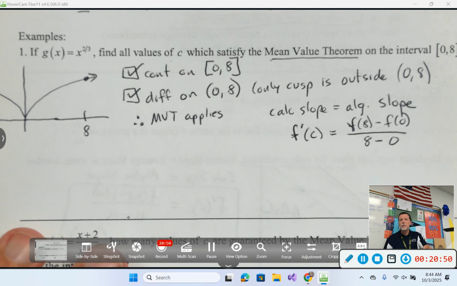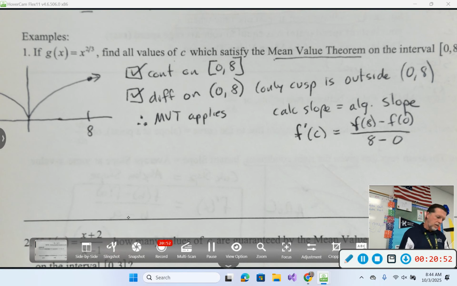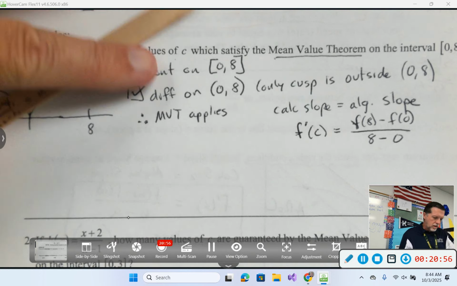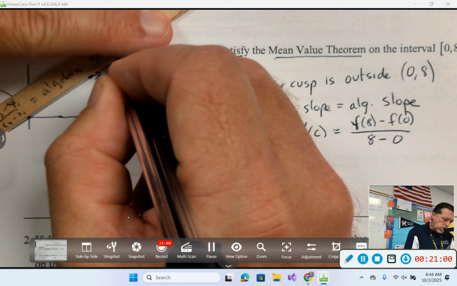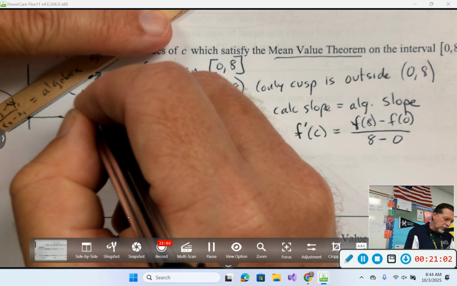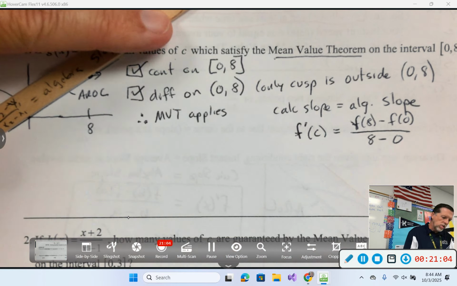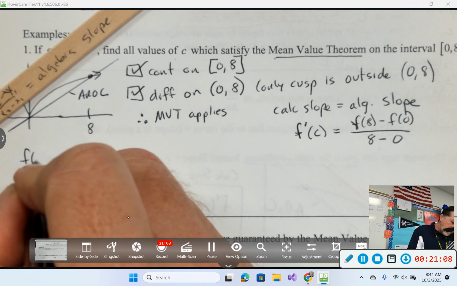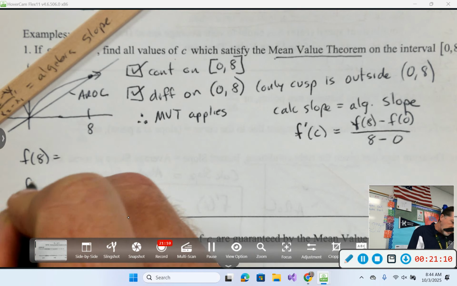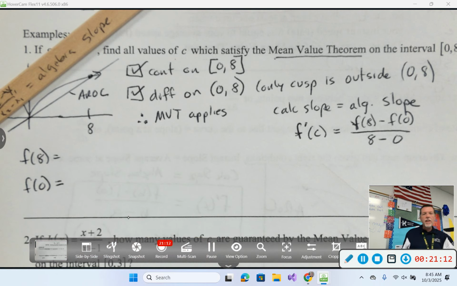Just the algebra slope. So I need to find f of 8 and f of 0 so that I can find my good old algebra slope.